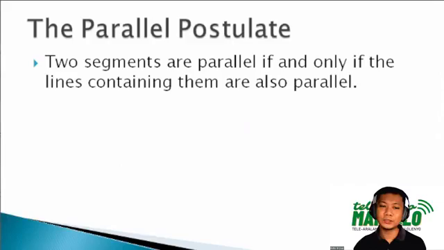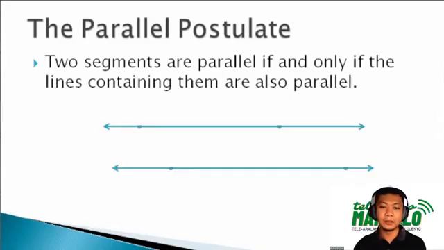The parallel postulate also states that two segments are parallel if and only if the lines containing them are also parallel. Let's say, for example, we have two lines and we define one segment on each line, and we name them segment MN and segment OP.